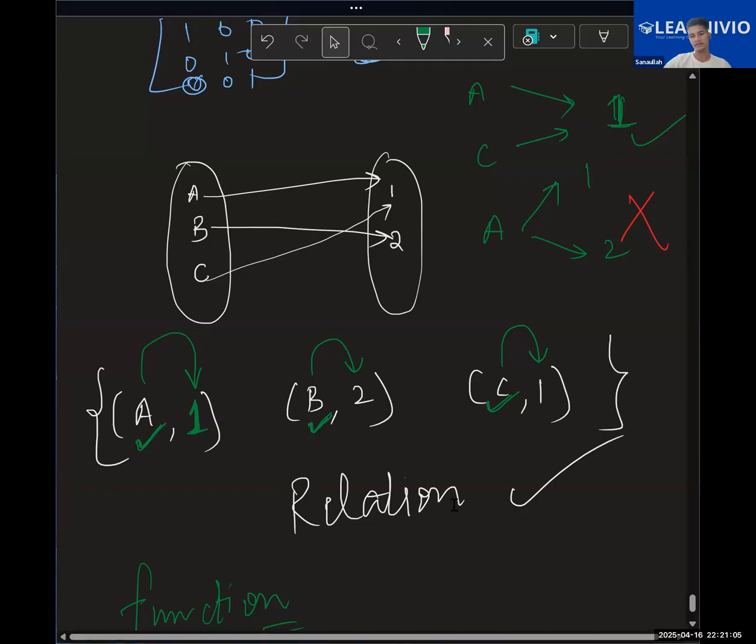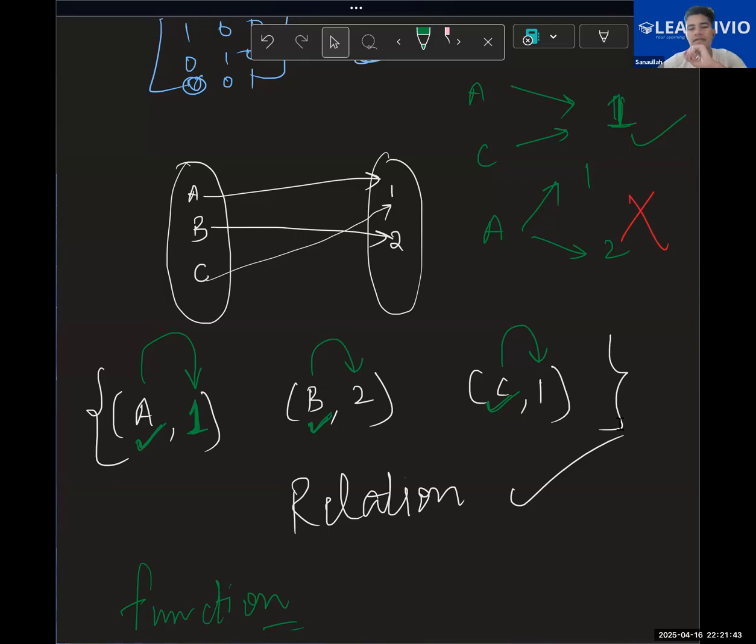And tell me why this is a function. Sir, because it has AB and BC. Because they have proper image. What proper image? Because it has domain and range.